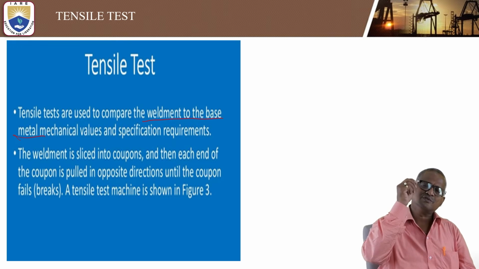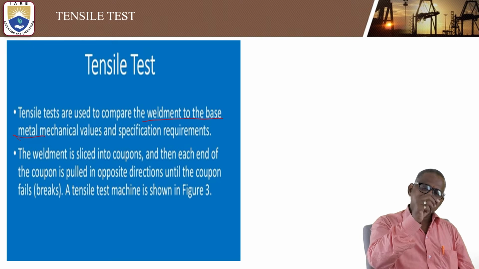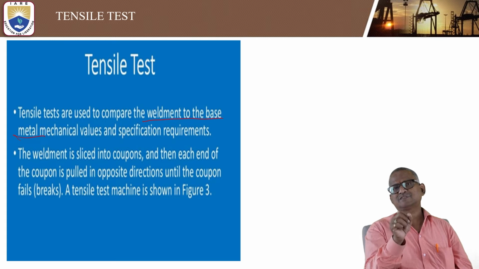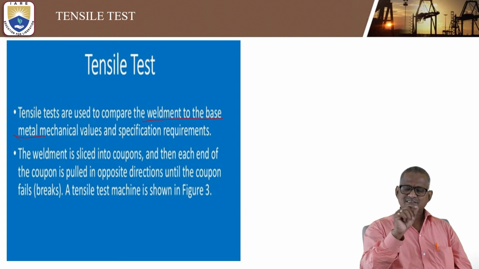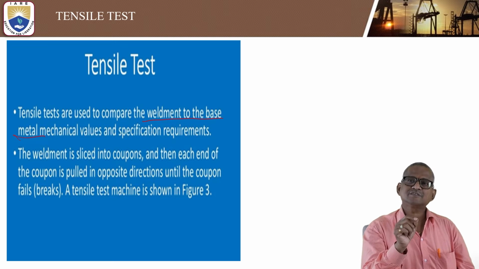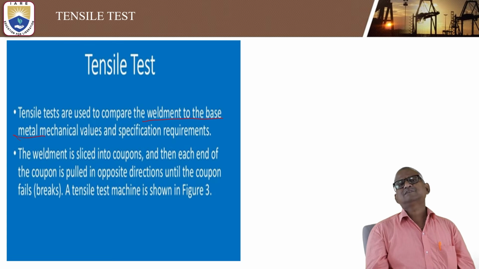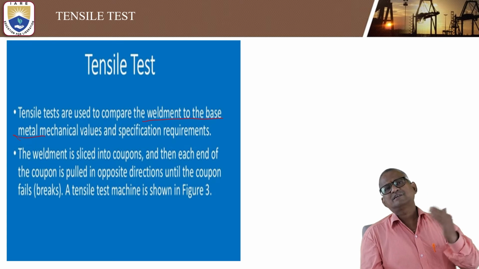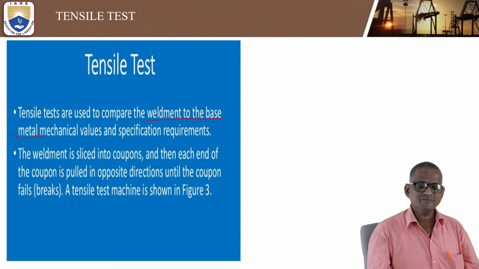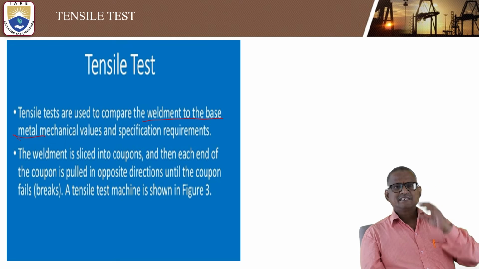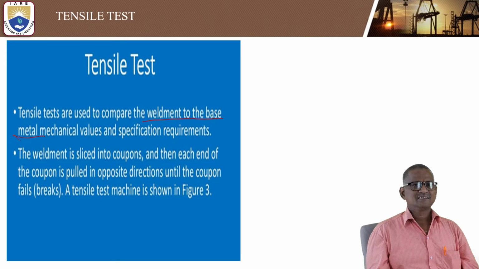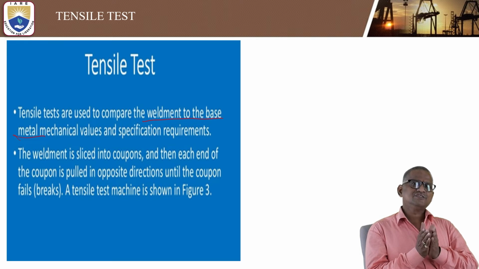Then you can identify how much strength there was before conducting the welding, and after the joining or fabrication process, how much strength is achieved, whether it is improved or decreased. You can identify that based on this type of tensile test. Okay. So in this case, the weldment is sliced into coupons.